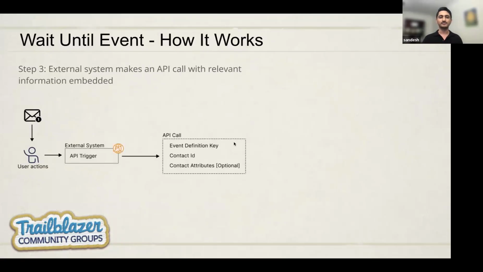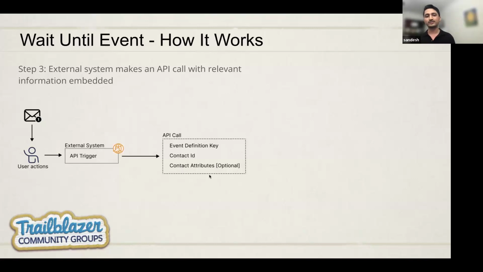And when the external system sends this event definition key, Marketing Cloud knows which activity and which journey it's talking about. Okay. And additionally, it also needs to send the contact ID, right? Because just because an API call came in, you don't really know which contact to let through the activity. So these two will uniquely identify the activity, the journey, and then the contact that pertains to this specific action.